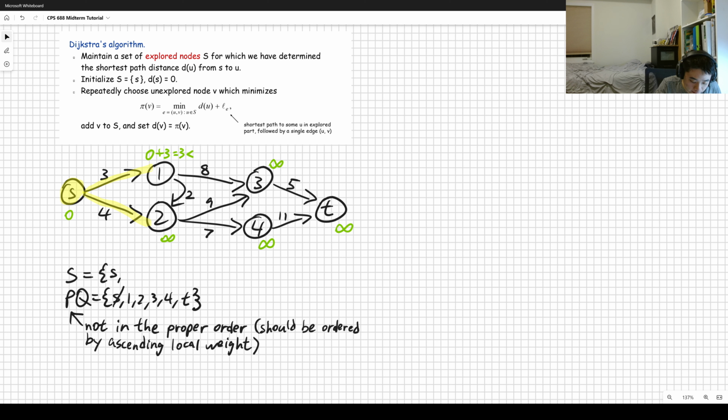That is less than infinity, so we assign this as the new local cost. I'm going to do the same for node 2: 0 plus 4 from the bottom edge is 4, which is also less than infinity, so this new cost is 4. Okay, so that's it.